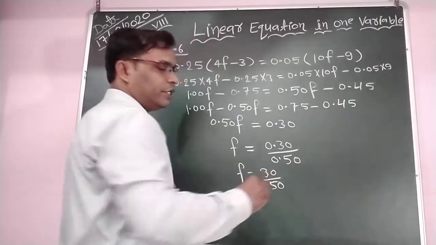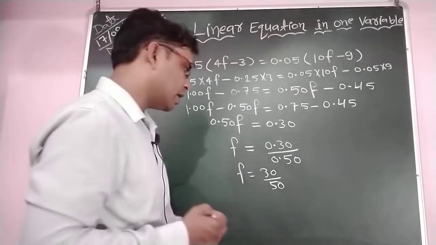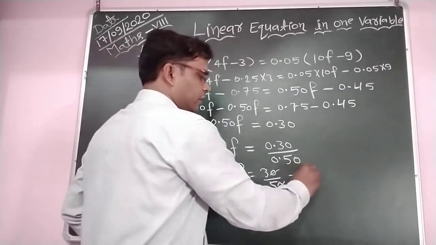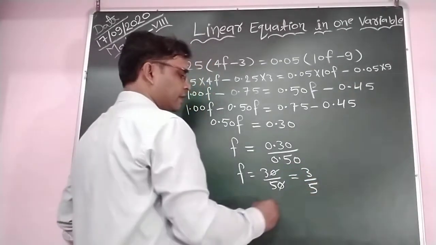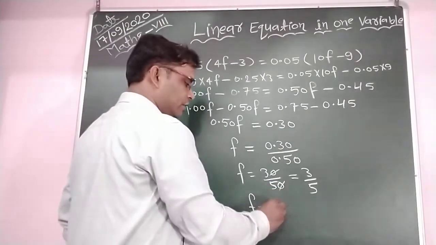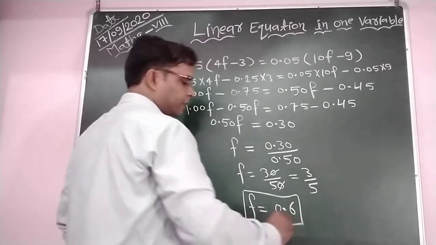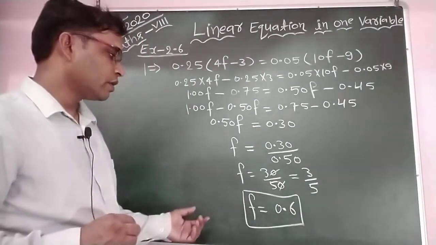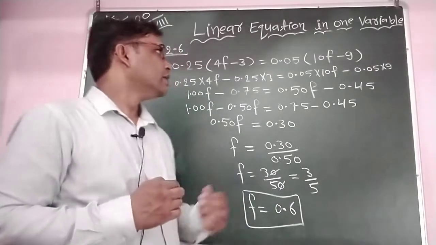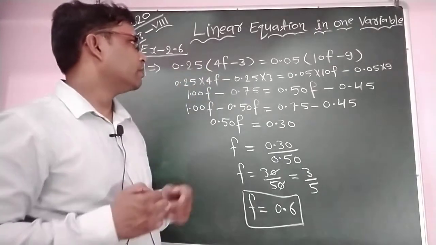If you cancel out the 0, you obtain 3 by 5. Finally, you can say the value of f is 0.6. So in this way we find the value of f is 0.6.